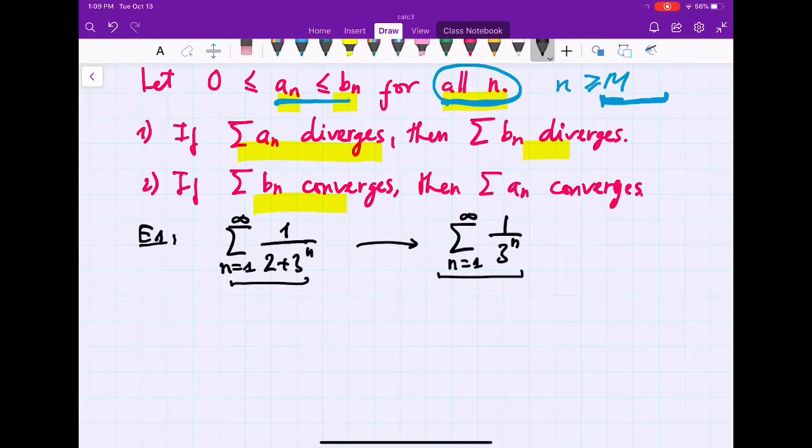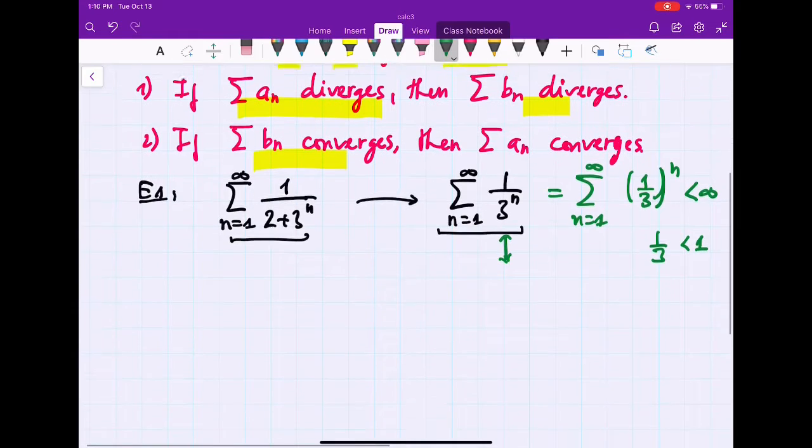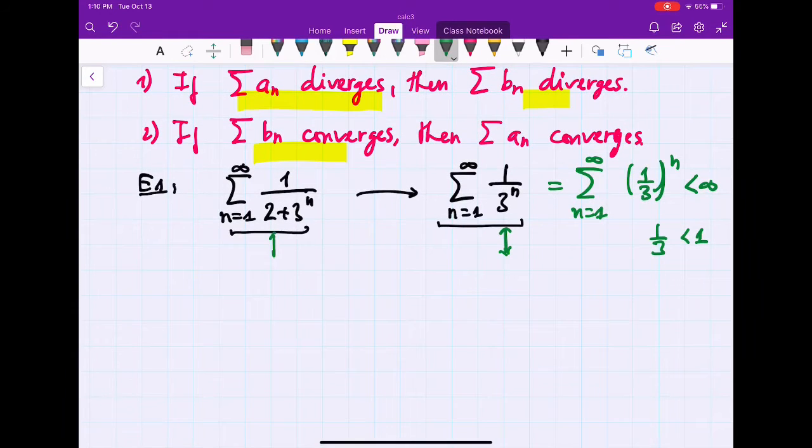We know that this series converges because it is a geometric series. You can rewrite it as the sum of 1 over 3 to the n, and it converges because 1 over 3 in this case is less than 1. So I hope you remember that geometric series. You may think this one may converge, but you need to compare this series with that one.